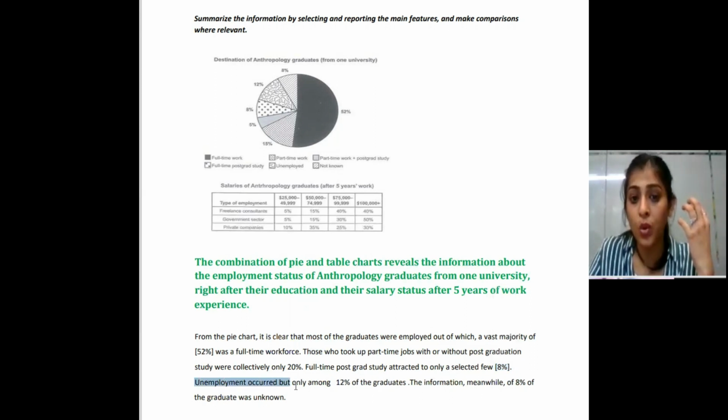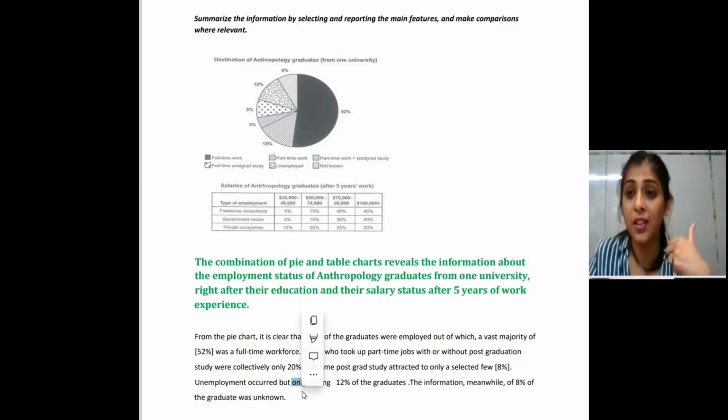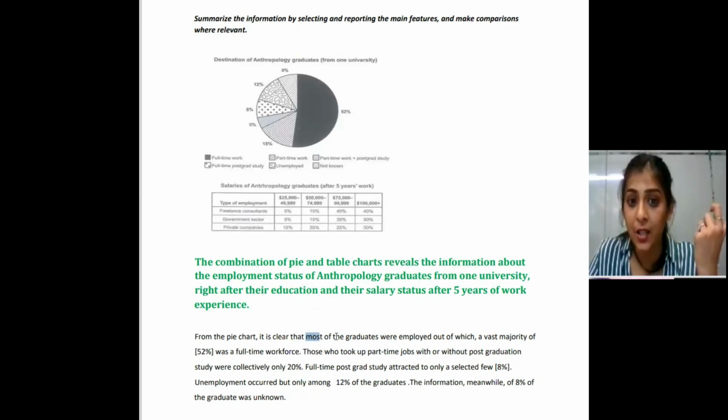Unemployment occurred only. Suppose I don't add only here, then the sentence would not be able to support my main idea. What was my main overview? That most of the graduates were employed.